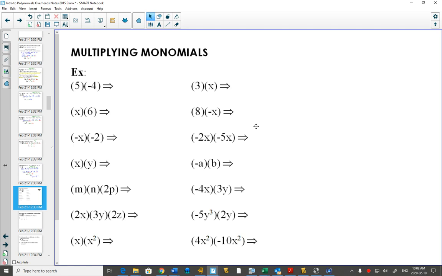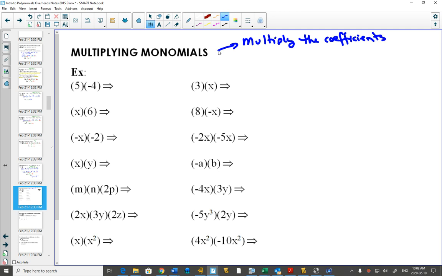Some of these questions are multiplying 3 monomials together. When you're multiplying monomials, and you might want to put a note of this in your notes, so make sure that you're following along here, we multiply the coefficients, those are the numbers, and I'll say numbers in front because they're written in front of a variable.